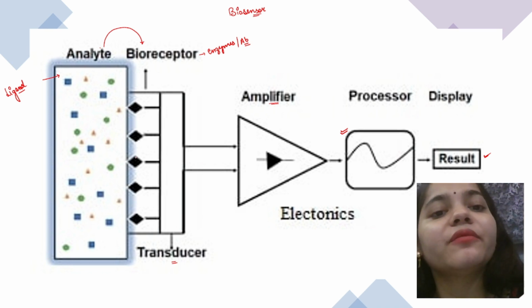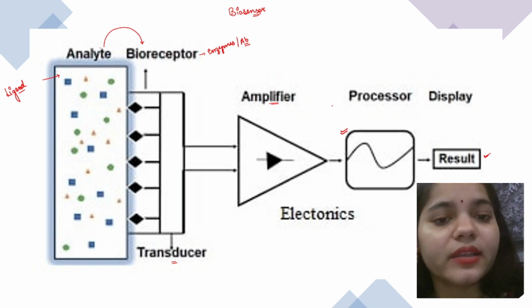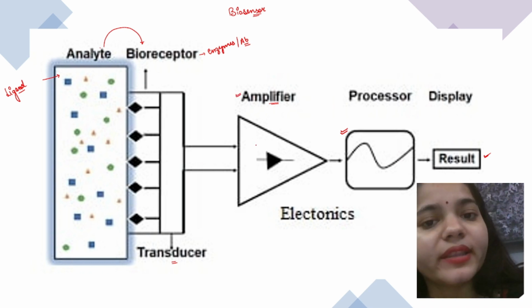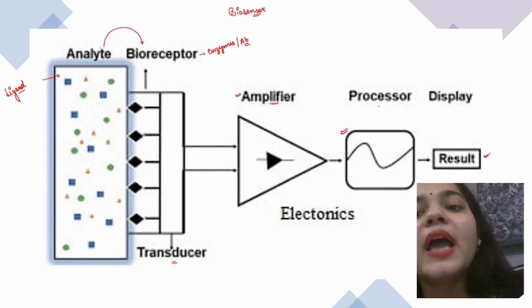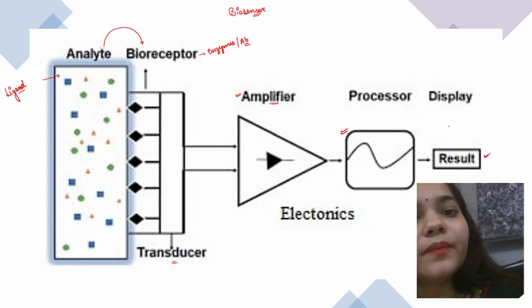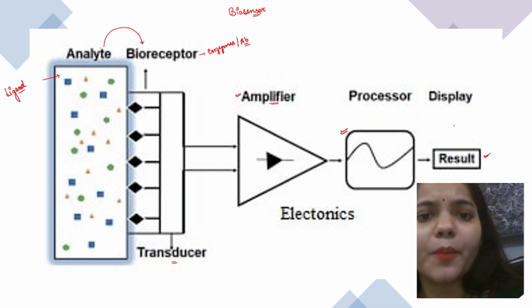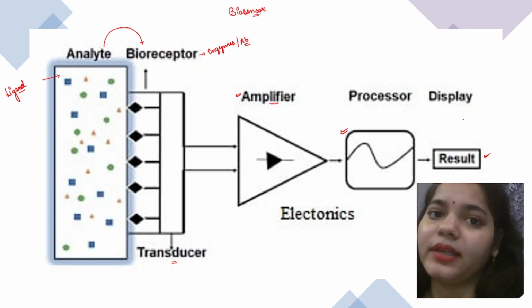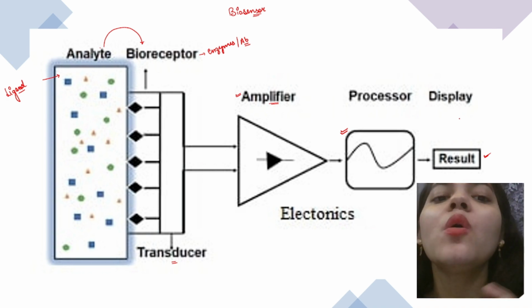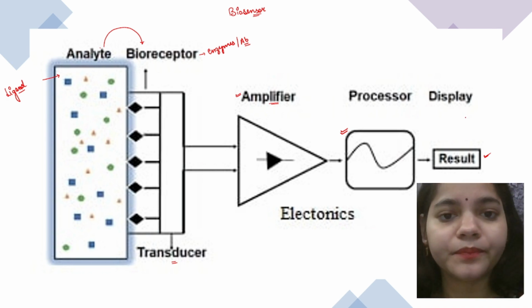Then this signal is transferred to the amplifier, which amplifies it, and then the processor processes it and finally displays the result on the computer screen or any other instrument. This is the finally working of a biosensor, okay.